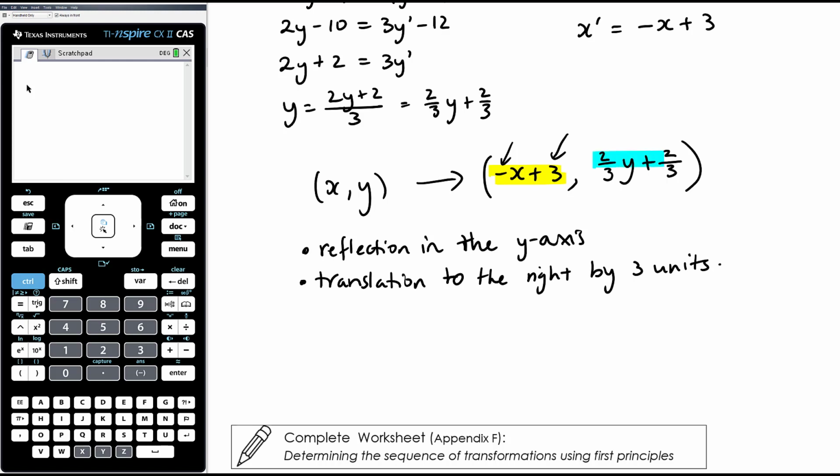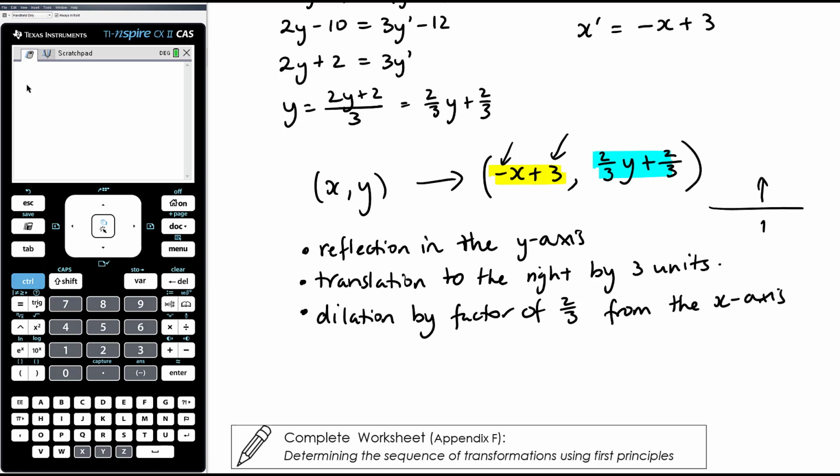Then we've got the 2/3 times y, so we're multiplying all the y coordinates by 2/3, which is a dilation by factor of 2/3 from the x-axis. If it's the y coordinates that are being multiplied, you're stretching away from the x-axis. And then we've got the plus 2/3 at the end here, which is adding 2/3 onto the y values, so that is a translation up by 2/3 of a unit.